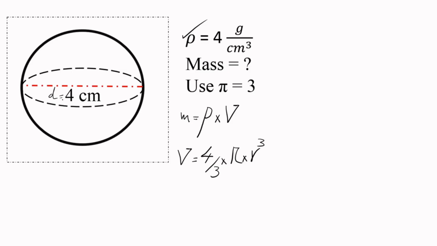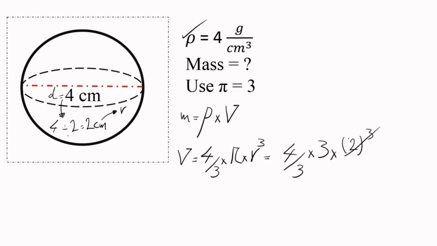So what am I going to do instead? I'm going to divide the diameter by 2 to find the radius. It's going to be 2 centimeters, and this is the radius. So let's replace the values. 4 over 3, the question says I can use pi as 3, and I have radius here, 2 to the power of 3. This is going to be 8. These two are going to cancel each other out.